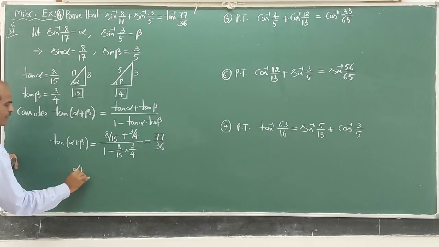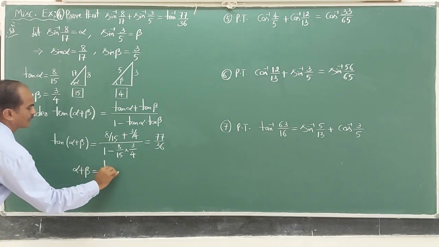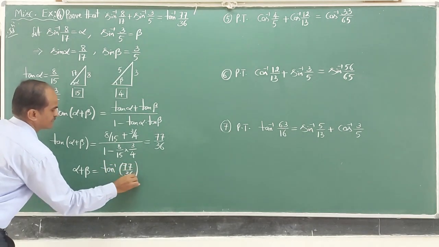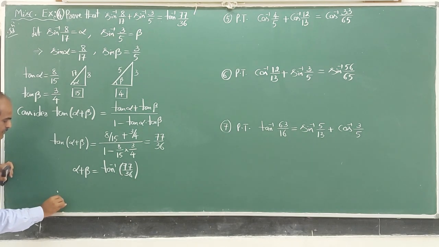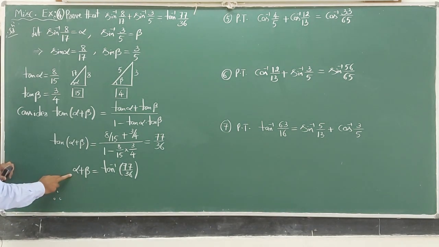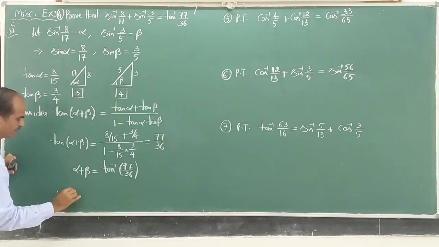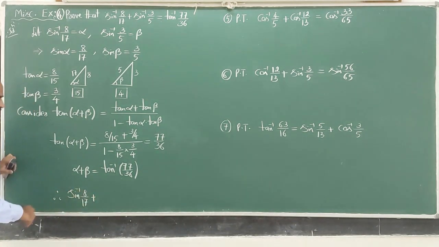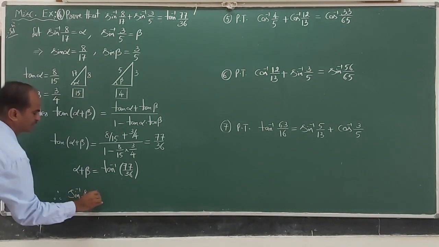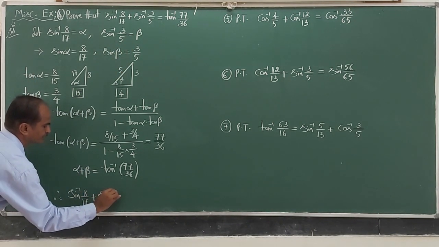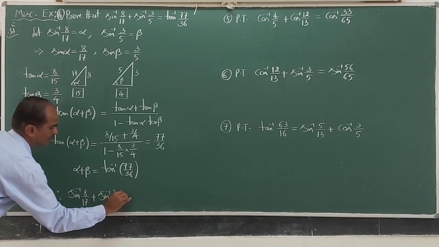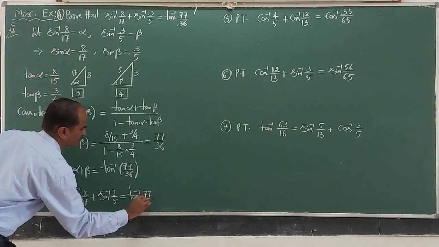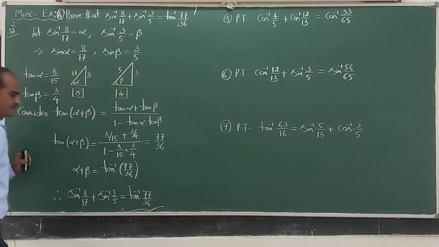Now I can write alpha plus beta equal to tan inverse of 77 by 36. Resubstitute alpha and beta, that completes the example. Therefore, sin inverse of 8 by 17 plus sin inverse of 3 by 5 is equal to tan inverse of 77 by 36.